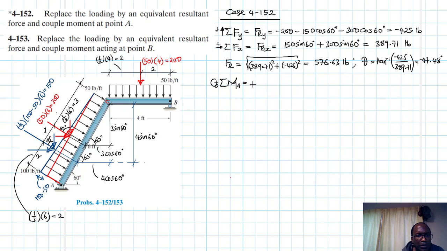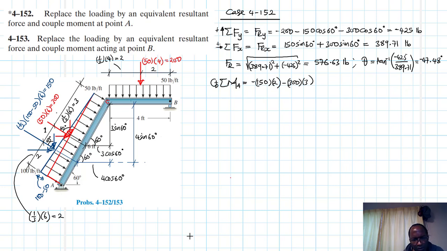For this, we are going to have a negative moment, 150 by 2, minus 300 by 3, and then we need to account for this distance here, due to that force there.